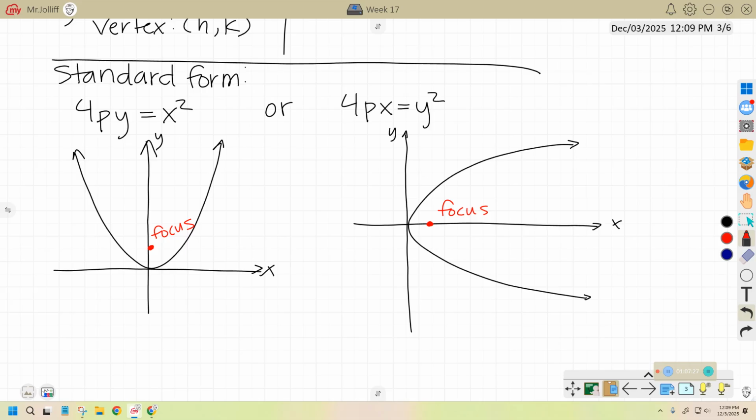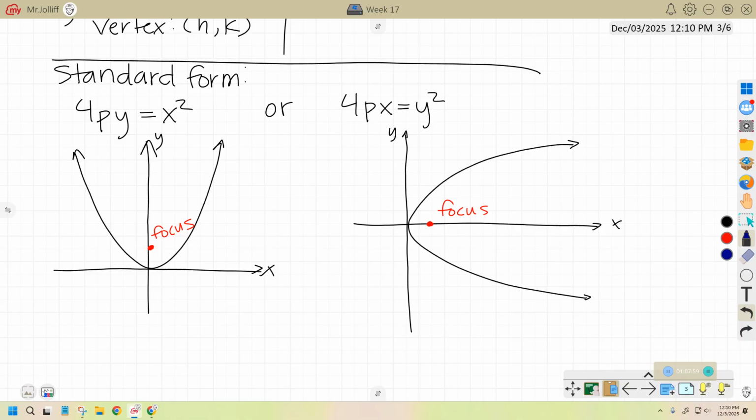I can see my parabola is bending around the focus. The other thing that a parabola has is called a directrix. Fun math word. I don't know what crazy mathematician made up that word. I am sorry, it was not me. And that is a line on the opposite side of the focus.